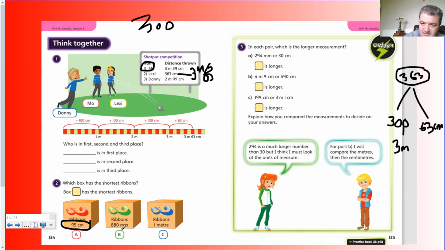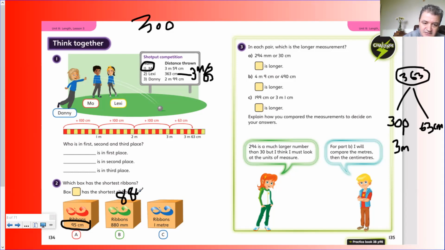880 millimeters. I know there's 10 millimeters in 1 centimeter. So I'm going to divide it by 10, which makes the parts smaller. So that's 880 millimeters divided by 10, so I end up with 88 centimeters.